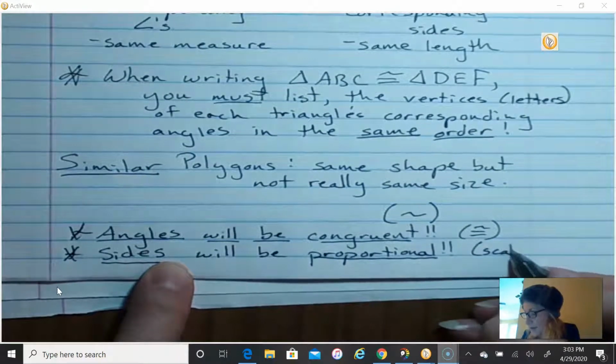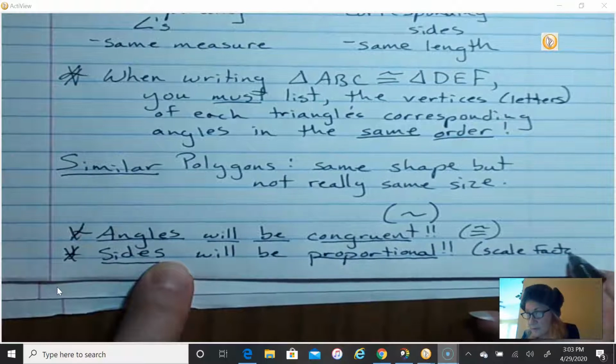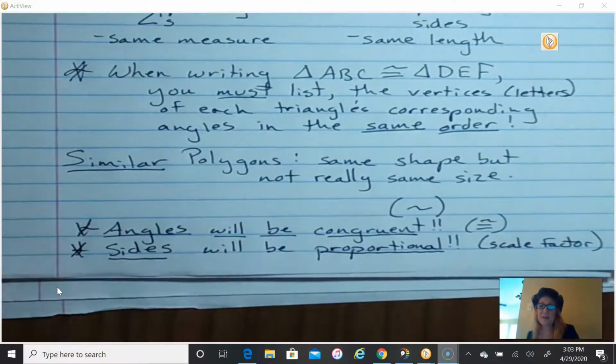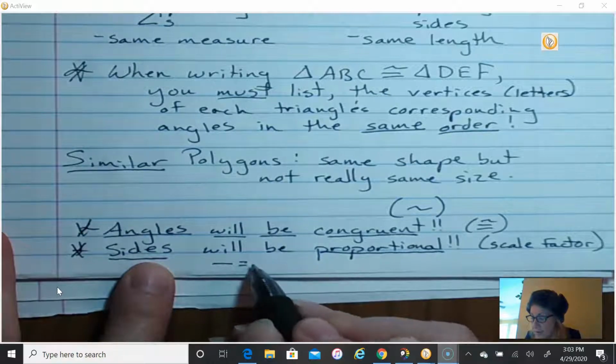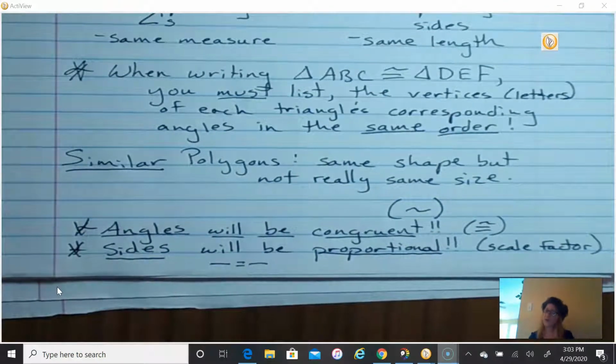Basically, we're talking about scale factor. They'll be scaled down. They'll be kind of equal, but they're going to be more like proportional. We're going to be doing the fraction is equal to this, you know, possibly doing some cross multiplying and stuff like that. So it's going to be similar to that, okay? Proportional. They're not going to be identical.